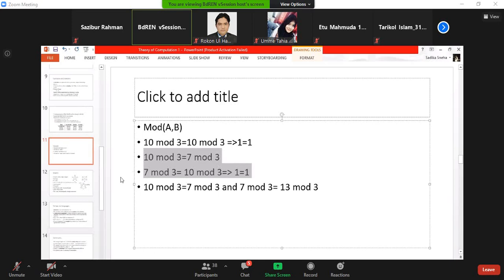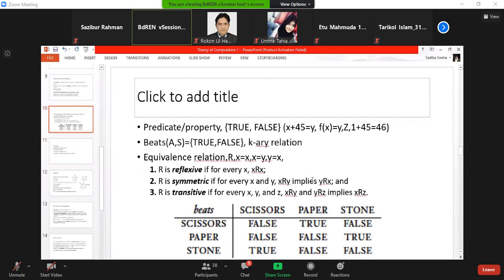If these two give us the same values, then we say it proves the symmetric part. Now the transitive part says there are going to be three different values. If we say that x is equal to y, and y is equal to z, in the equivalence relationship, then it will imply that x is equal to z.